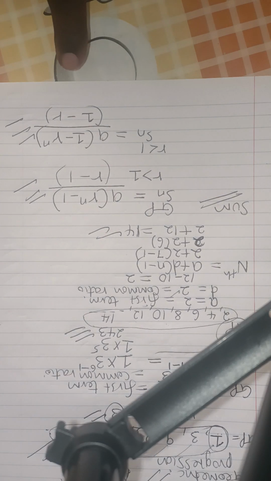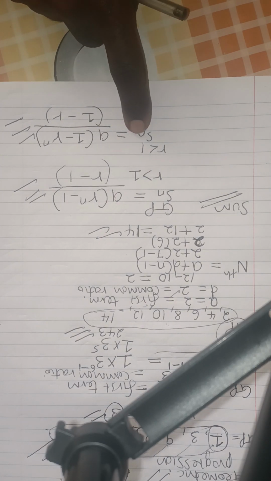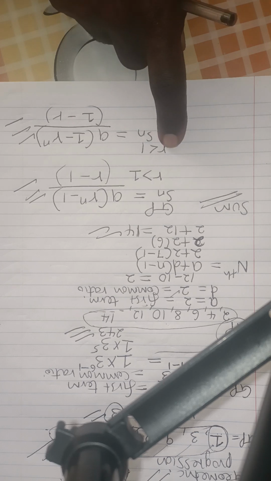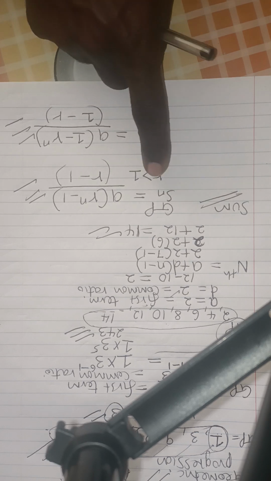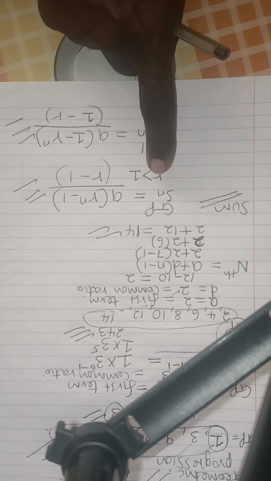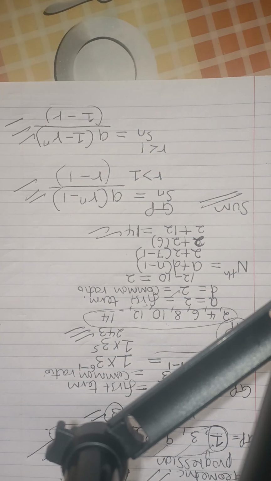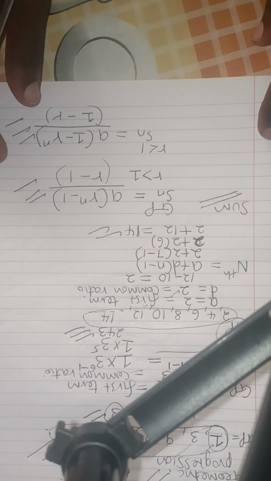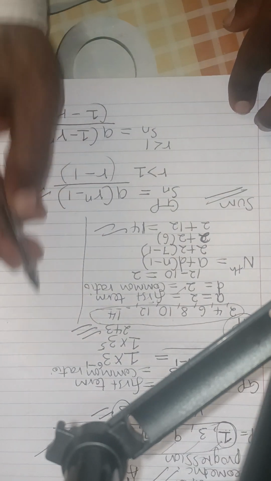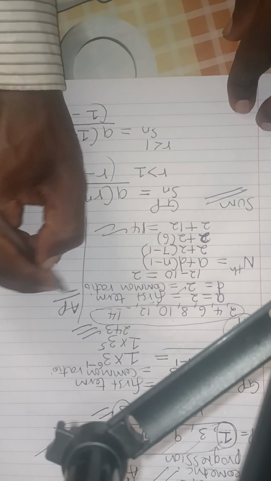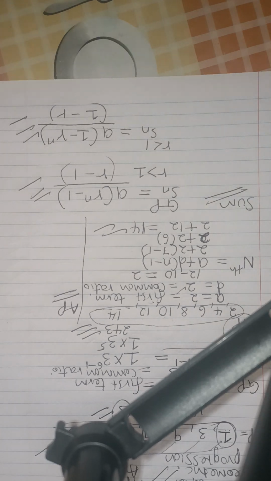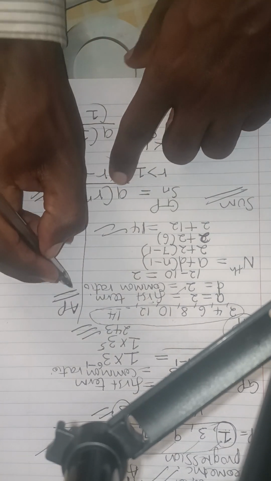So this is the formula for getting the sum of n terms of a geometric progression if r, the common ratio, is less than 1. And here, if r, the common ratio, is greater than 1. I'm just giving a brief summary, then I'll get to the question I was supposed to work for you today. And if the arrangement is an AP, an arithmetic progression, how do I get the sum?